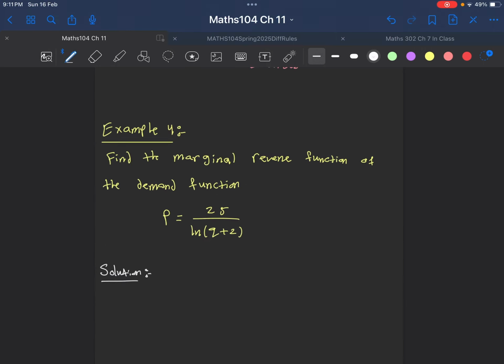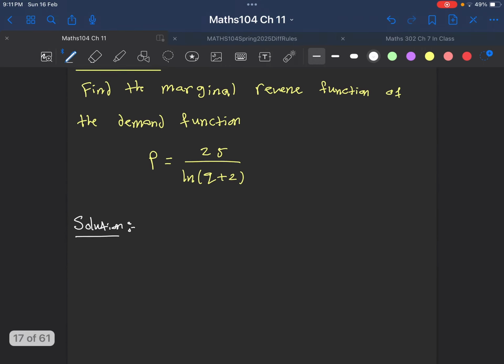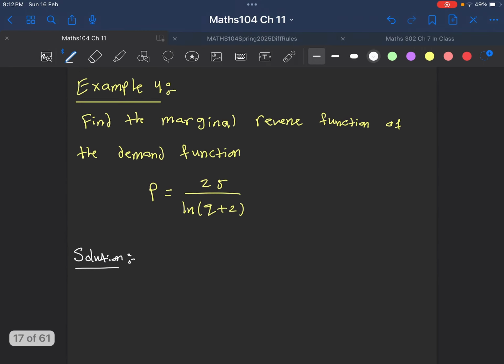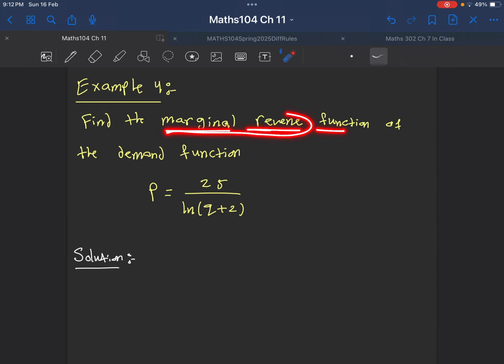Welcome, student, to some application in business for the derivative of the logarithm. So in this example, we need to find the marginal revenue function. And remember, once we talk about the marginal revenue function, it means we need to find MR, or the derivative of the revenue. But what is given to me is not the revenue.